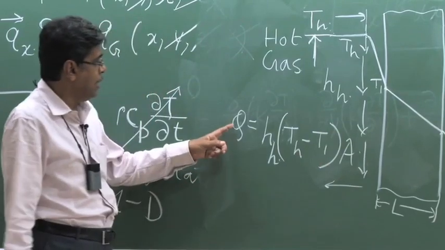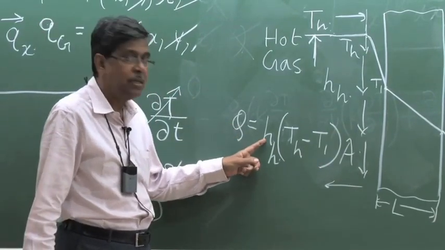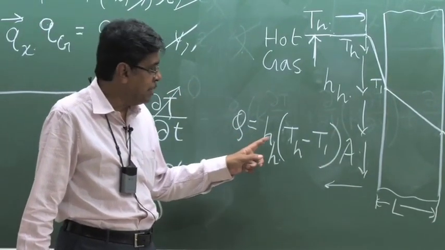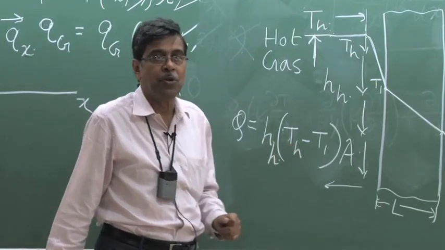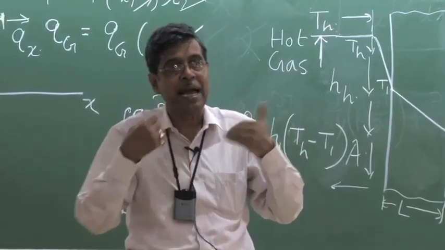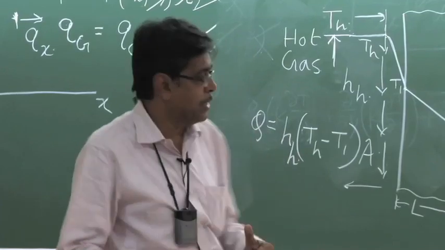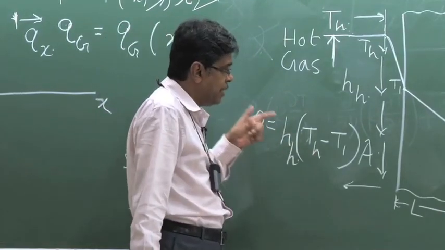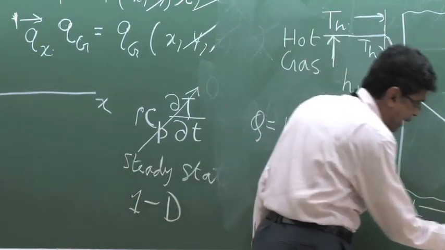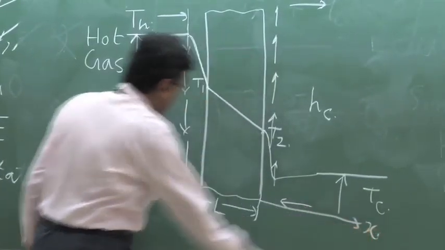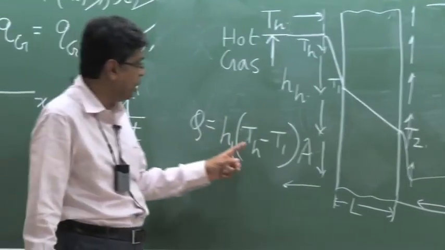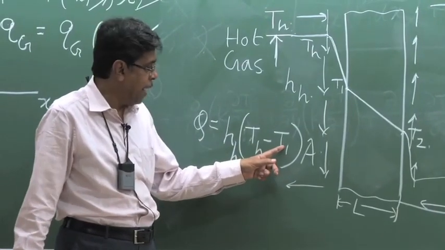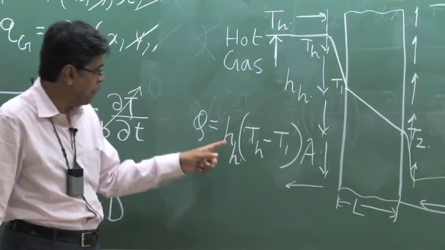The total heat transfer is H, the heat transfer coefficient, times the difference between the fluid temperature and the surface temperature. Here I am writing the positive value of the heat, that means heat is flowing in this direction X. So the temperature difference I am taking from the hot gas to the left plate, times the area of the plate, times HH.